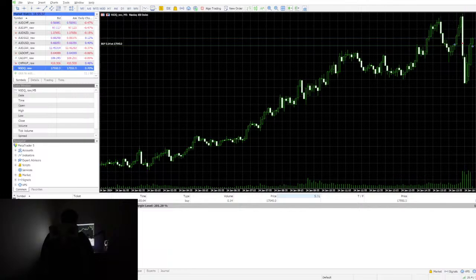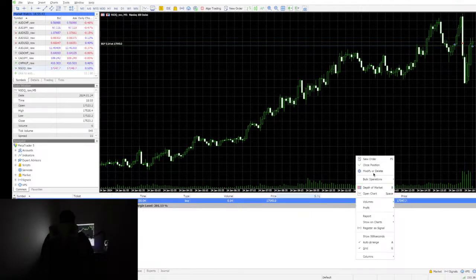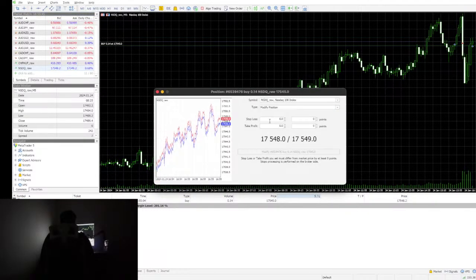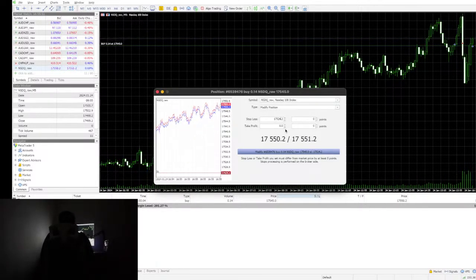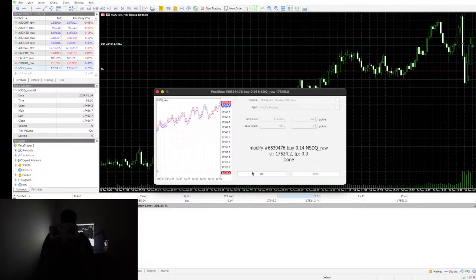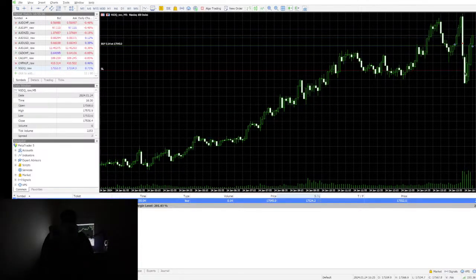For now I am placing the stop loss at 717,524. Right, so this is where I have placed the stop loss now.